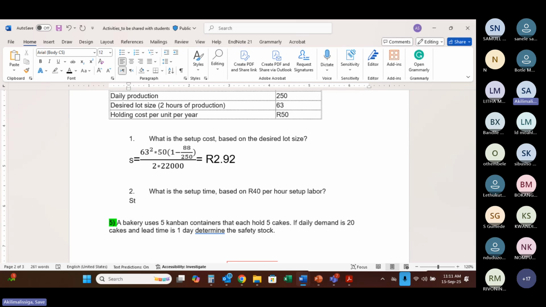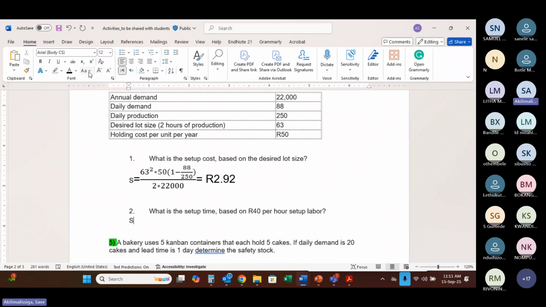So for the setup time, you're going to take the setup cost divided by the labor rate, right?